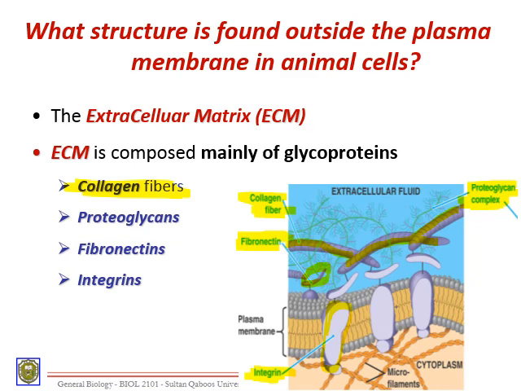Okay, and proteoglycan, this is the whole complex here. We have fibronectins, which join between the collagen fiber and the integrin. And we have integrin, which is a kind of protein. Okay, it's an integral protein. An integral protein, you can see it's embedded in the membrane.